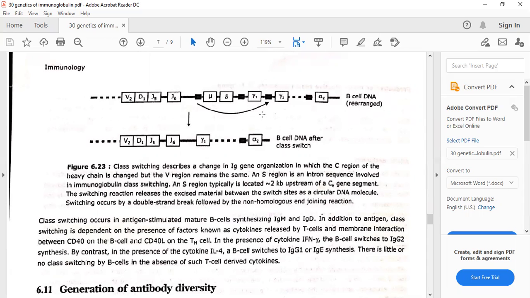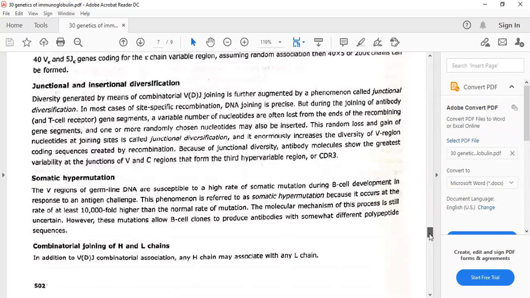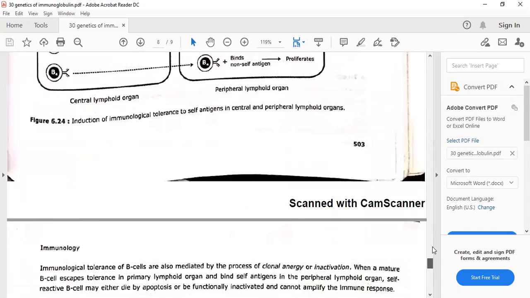So how are they selected? Mu for M, delta for D, gamma for G, and alpha for antibody A. When these are selected, they make a particular kind of antibody.